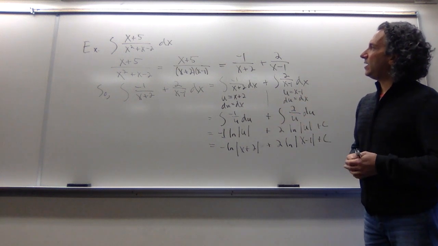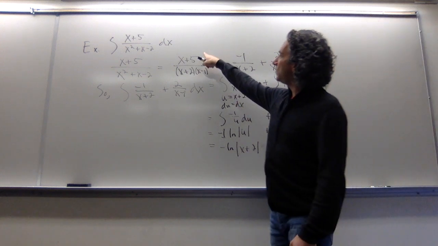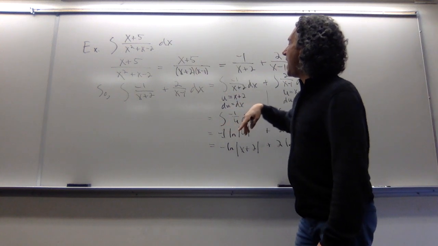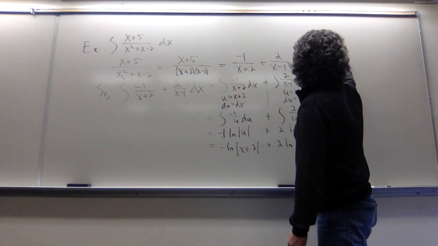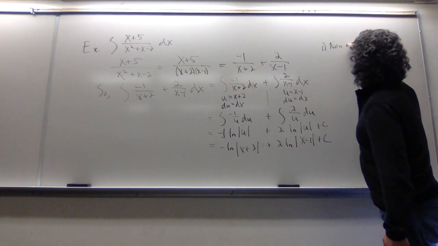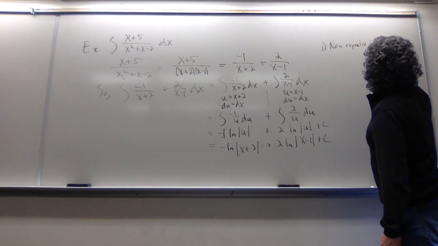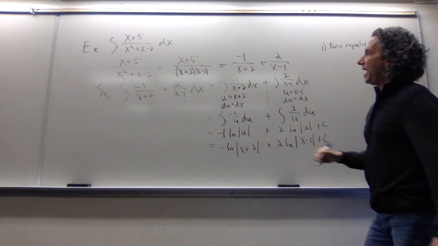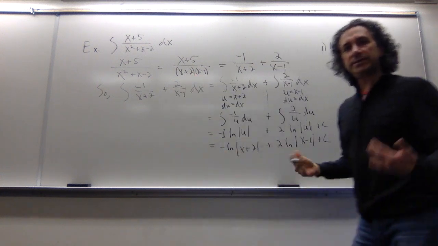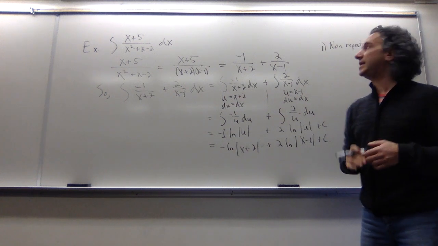So let me articulate what this is looking like. Case 1 is where I happen to have non-repeated linear factors. In this case, I have x plus 2, which is a linear factor, and x minus 1 is a linear factor, and they're different, so they're not repeated.